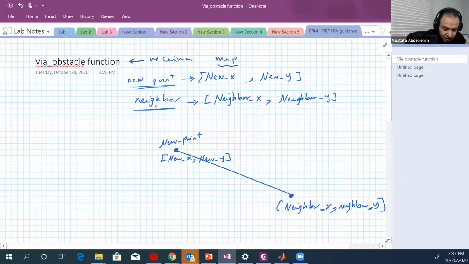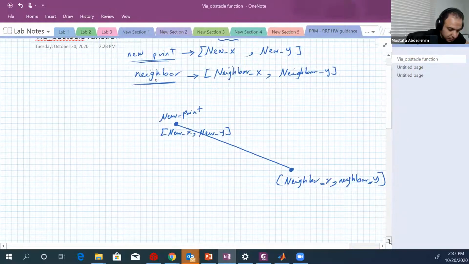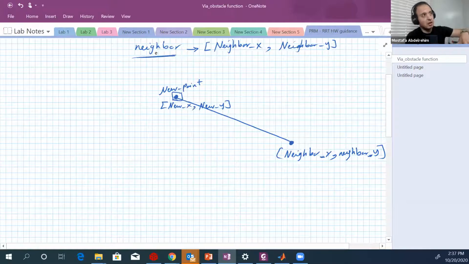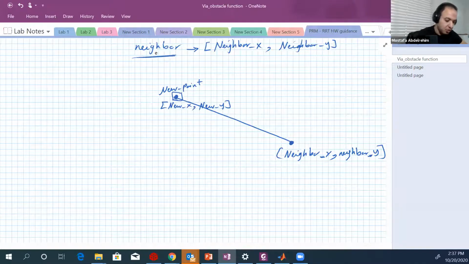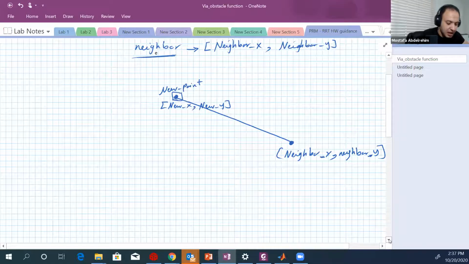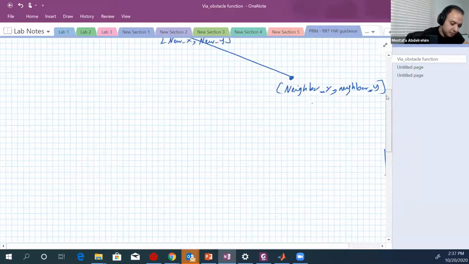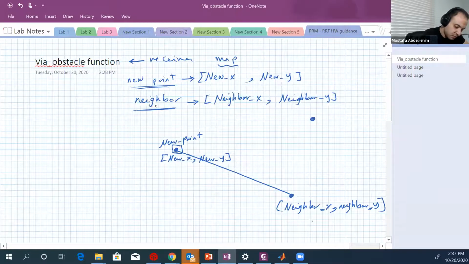Okay, so the basic idea is that if we fix this point, for example, and make it the origin or frame of reference, then the other point may be everywhere. Maybe it may be here, maybe here, or here, somewhere around.